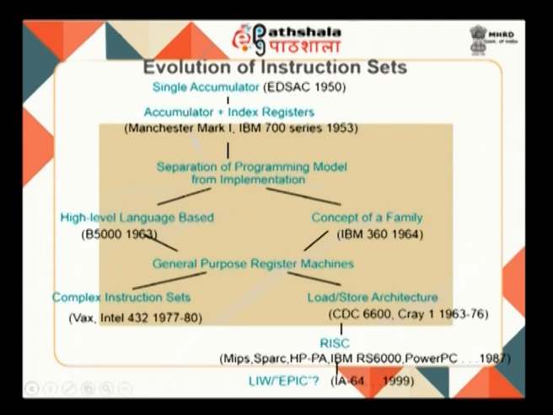You had implementations based on high level language, based on general purpose register machines, and so on and so forth, and most of the machines that are used today are based on the RISC instruction set architecture. This is just to give you a feel of the evolution of instruction sets. Most of these terminologies will be clear to you as we go through the other parts of this module.